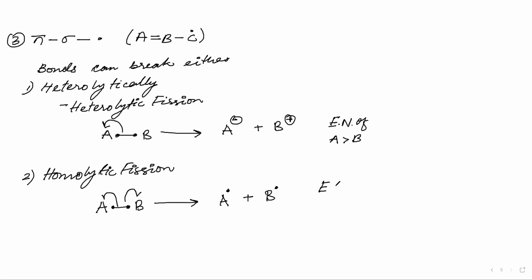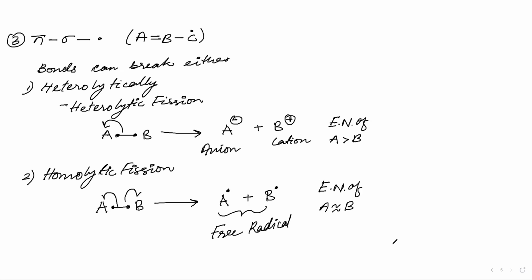Generally this is the case when the electronegativity of A is similar to B. So now we understand what is a free radical, and this is an anion, this is a cation. These are free radicals. Got it? Are you with me till here?